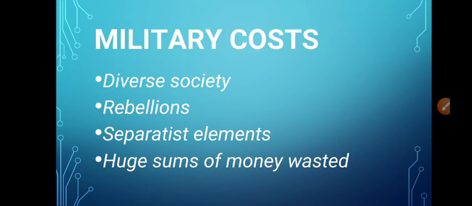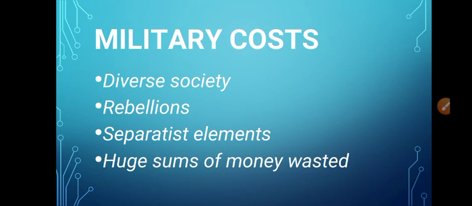Military costs. As you know, Mughal society was a diverse society in terms of religion as well as social customs, and also there were several castes and people belonging to various creeds and religions were a part of this empire. So at times there was antagonism between various factions of the society, and that antagonism needed to be curbed by the use of military force.